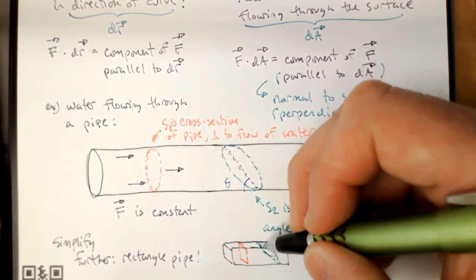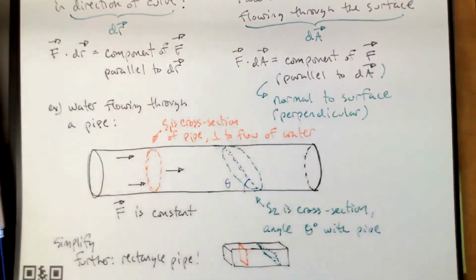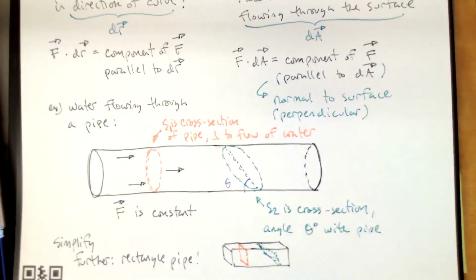I don't think I drew that. This is why I don't draw things. So we can make an analogous problem with our second surface at an angle with the water flow.